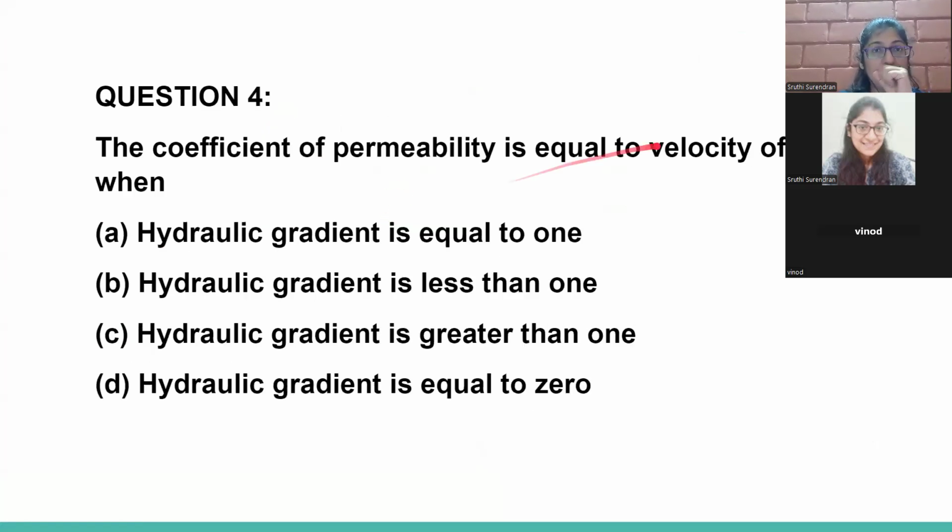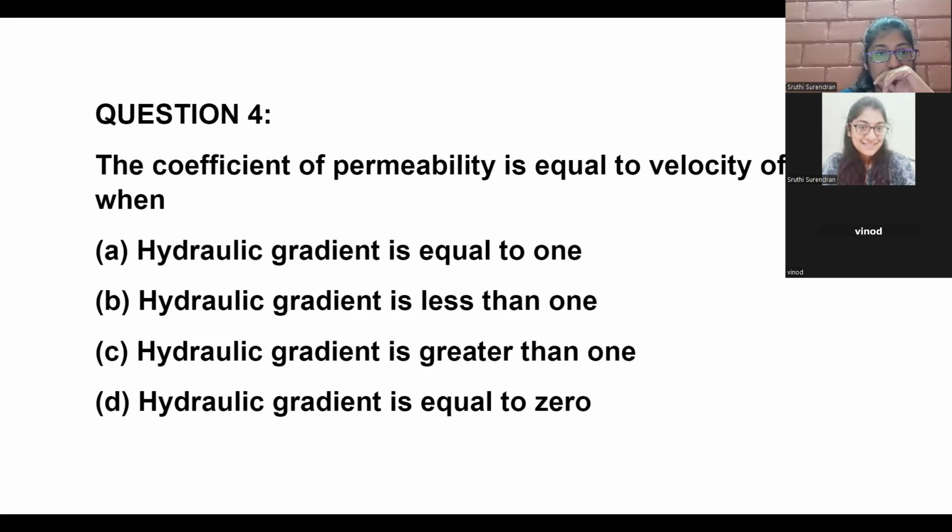The coefficient of permeability is equal to velocity under which conditions mentioned here? Correct.